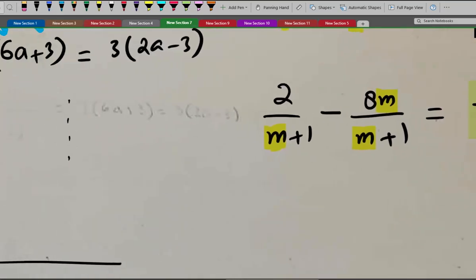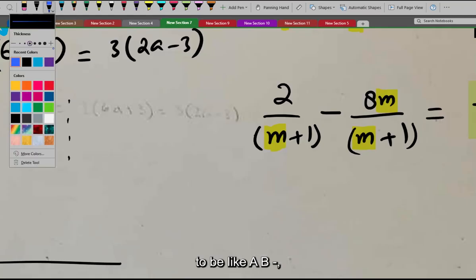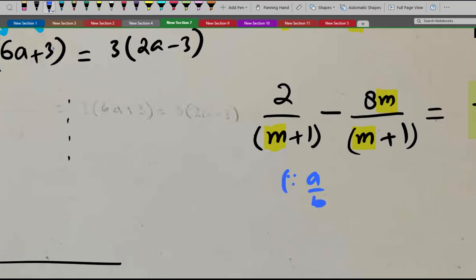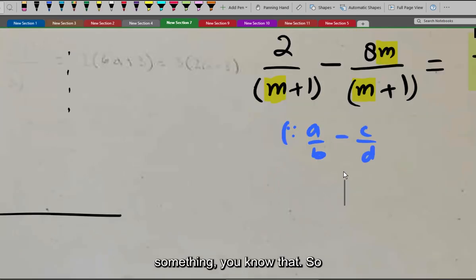So we have a over b plus or minus c over d, remember? So it's gonna be like a over b minus c over d. You know that.